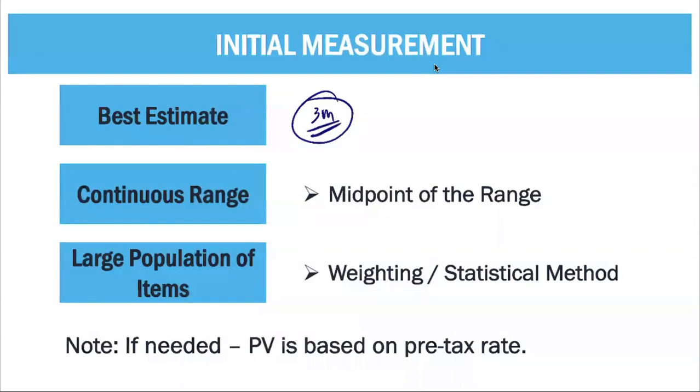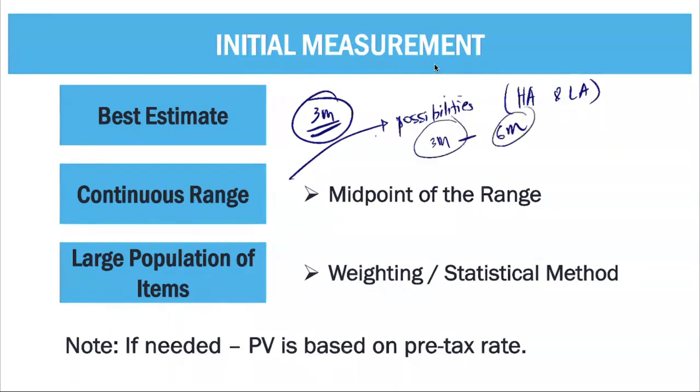But what if we are given a continuous range? What is a continuous range? This is the range of possibilities, meaning we have a higher amount and a lower amount. For example, your possibilities are from 3 million up to 6 million. That is a continuous range.